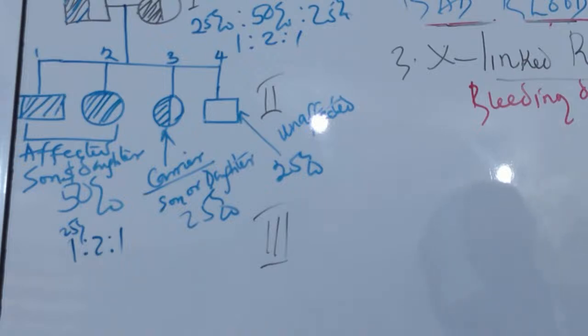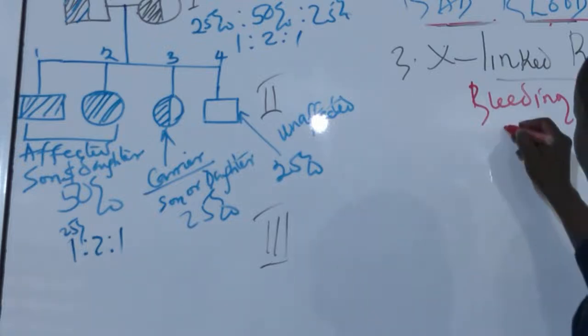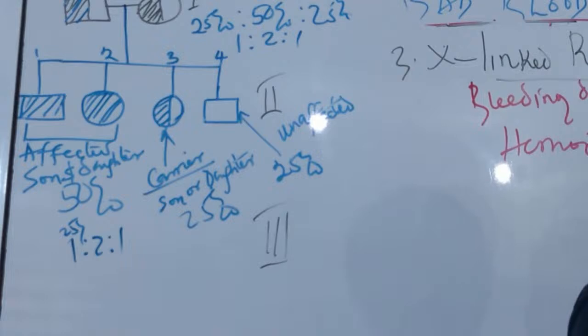There are two categories of hemophilia. Those having deficiency in factor 7 are called hemophilia A, or group A, and those having deficiency in factor 9 are called hemophilia B. Exactly what happens is that the disorder is a result of their inability to stop bleeding.